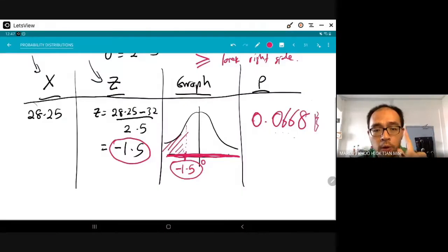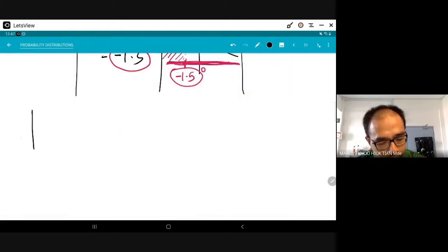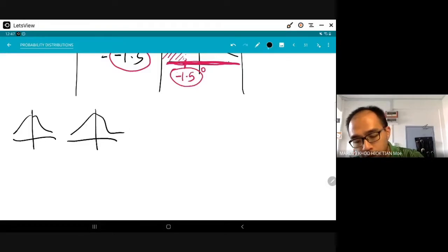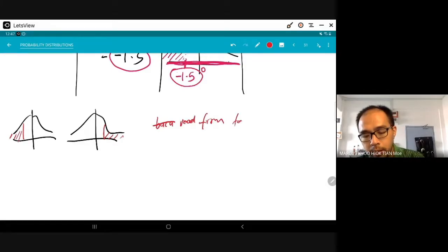Now the big problem now is, what happens kalau kamu kena melakar at different places? So please take down these notes. Now if let's say your graph is like this, kalau kamu melakar, and you find that the place where kamu lakar is like this atau begini, this one is baca terus, read from table directly.